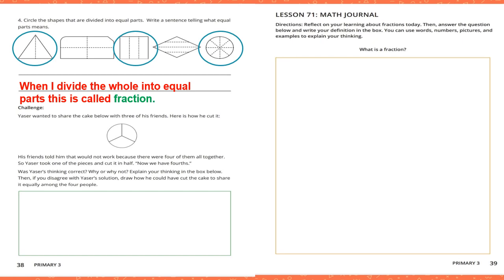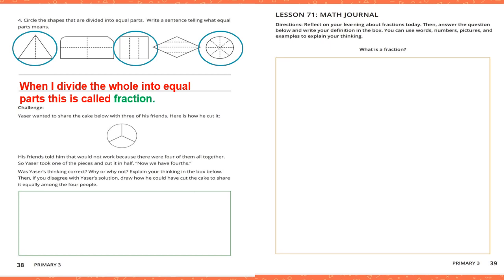Fraction. Now let's move to the challenge part. Yasser wanted to share the cake below with 3 of his friends. Here is how he cut it. So we have now Yasser and 3 friends. His friends told him that would not work because there were 4 of them altogether.